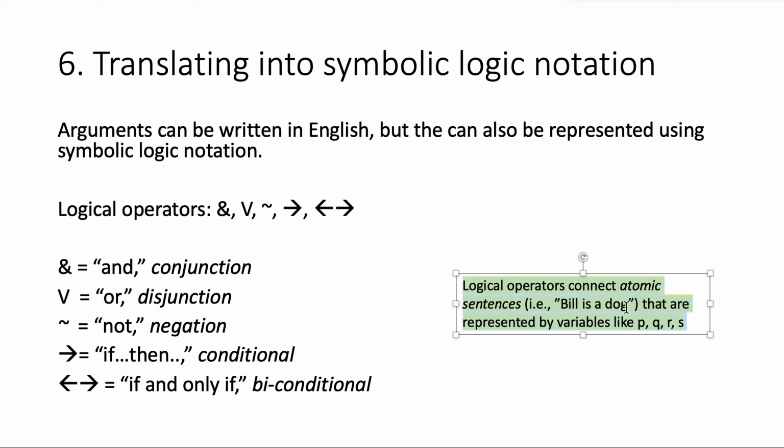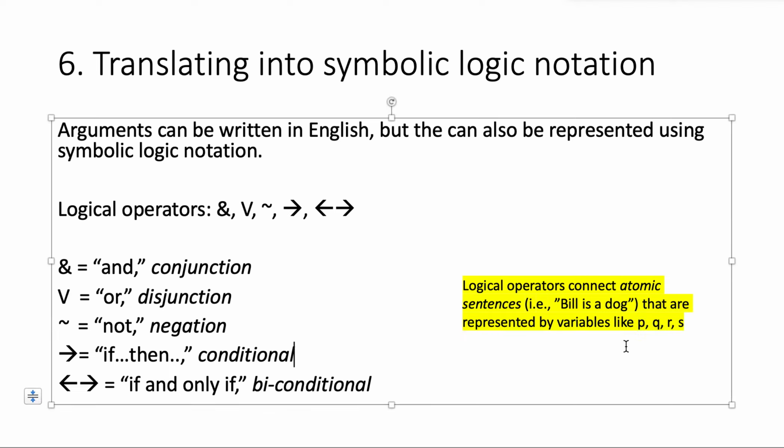Bill is a dog is an atomic sentence because we can't break it up into any smaller component parts. We represent this sort of atomic sentence with a variable like P or Q or R or S. And then we join those atomic sentences with other atomic sentences via logical operators to make ever more complex sentences.